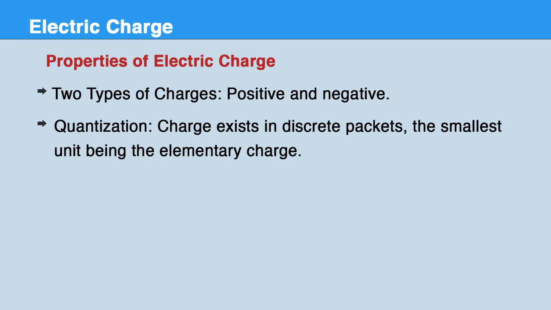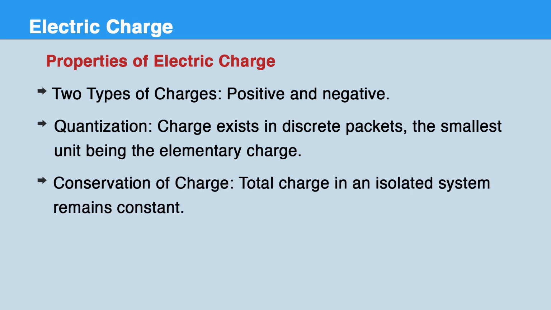The smallest packet is called the elementary charge. So, charges are always a whole number of these packets, never a fraction. So, charges exist in discrete amounts, multiples of the elementary charge.